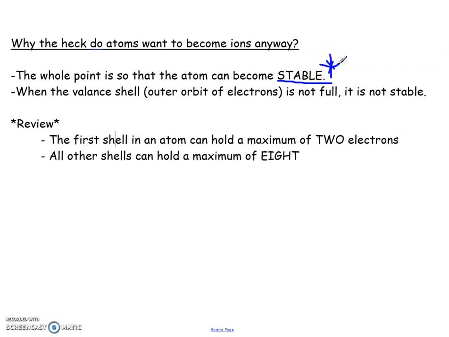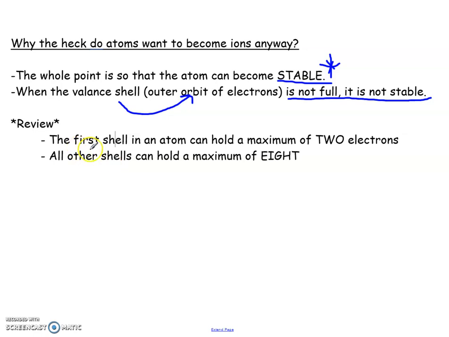Stable means that the valence shell, if you remember what we talked about the other day, the valence shell is the last orbit on your Bohr-Rutherford diagram, has to be completely full. To have a full valence shell means that it would be a stable ion. Now, if it is not full, it is not stable.